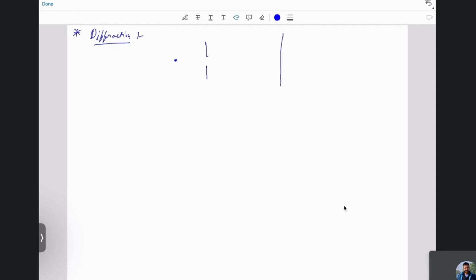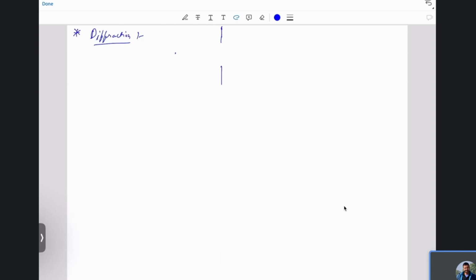Yeah, yeah. So in Fraunhofer, the source is far away, so that the beam of light which is coming should be parallel, right? So parallel beam. So that means the source should be at an infinite distance from the slit, right? But in general, we cannot do that.